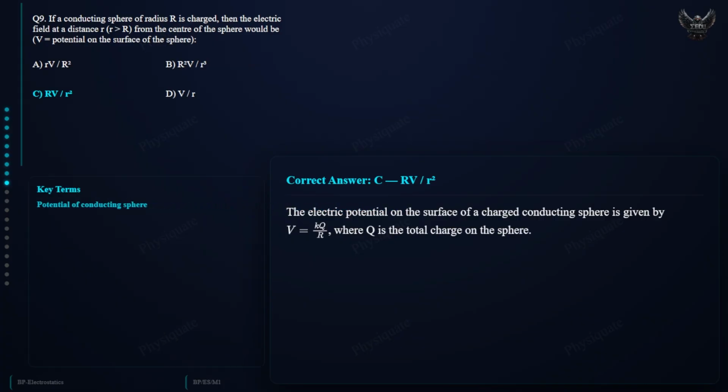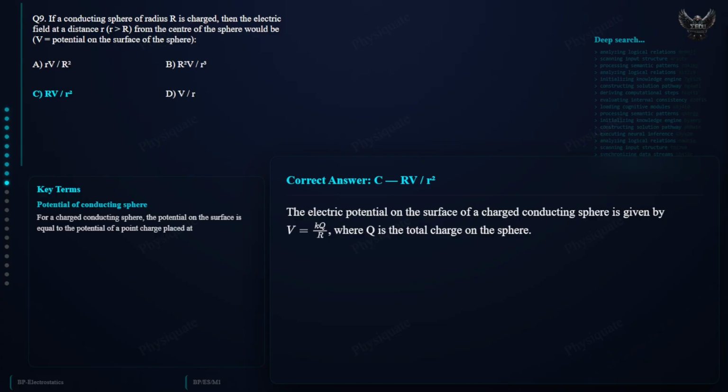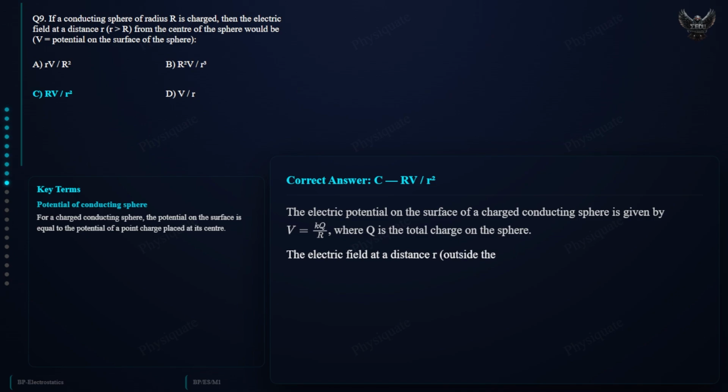Now let us consider the potential of a conducting sphere. For a charged conducting sphere, the potential on the surface is equal to the potential of a point charge placed at its center. The electric field at a distance r, outside the sphere, is given by E equals kq divided by r squared.